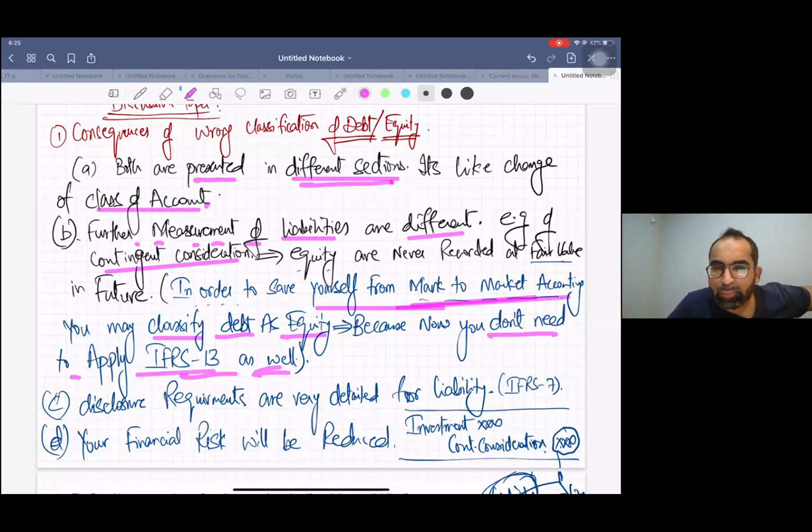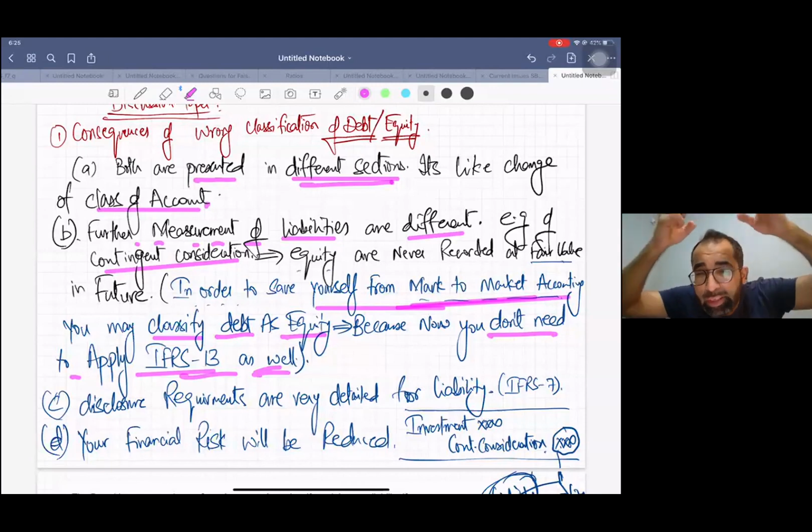If there is an accountant who does not want more work pressure, they will classify liability as equity, because once they classify it as equity, there is no more future mark to market accounting. In future you don't need to calculate fair value, no more IFRS 13, nothing. Enjoy your life.